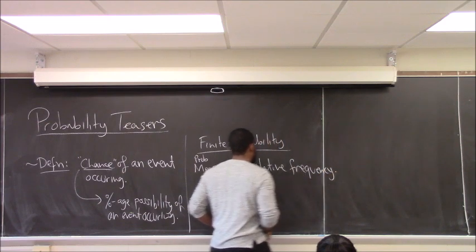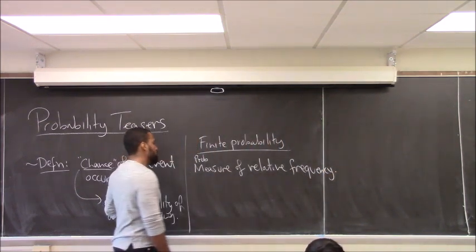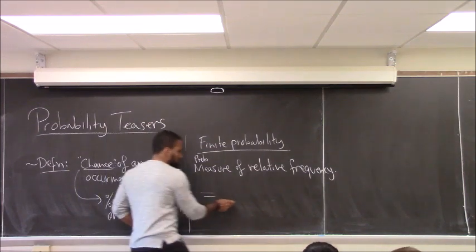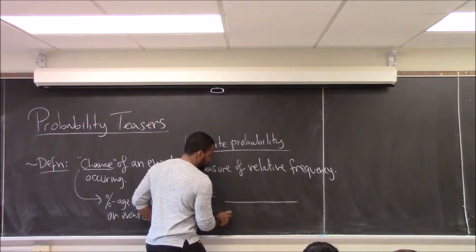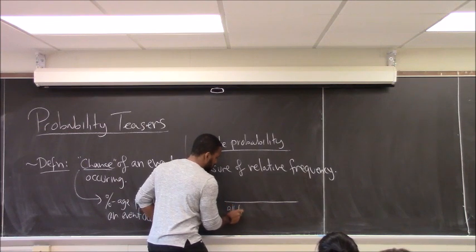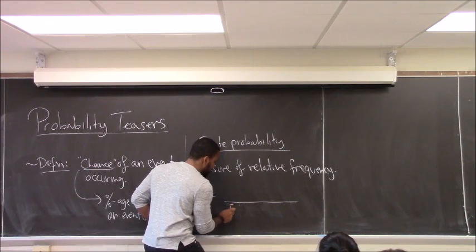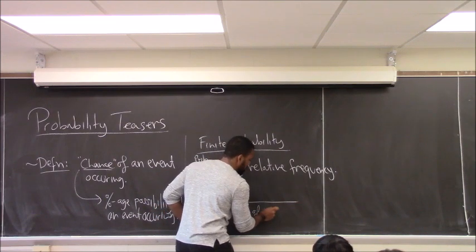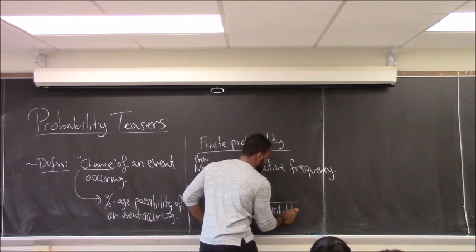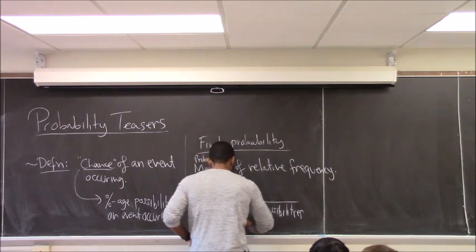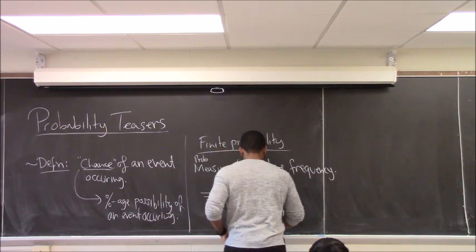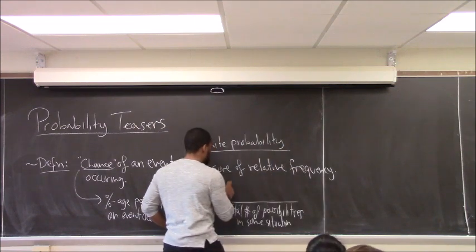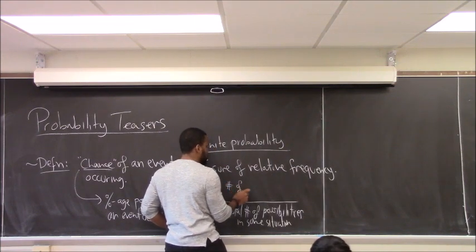This is the chances of something occurring, and basically what this is, loosely speaking, we will define it. Well, you're going to want to figure out all the total number of possibilities in some situation over the number of ways a particular event can happen.